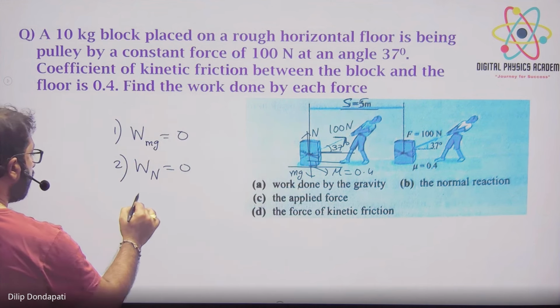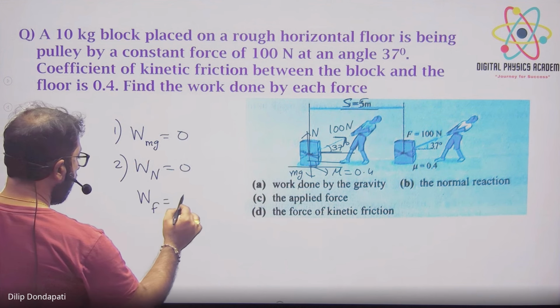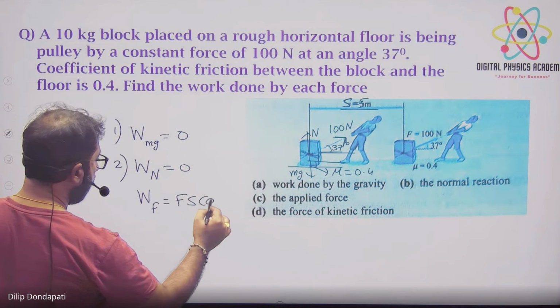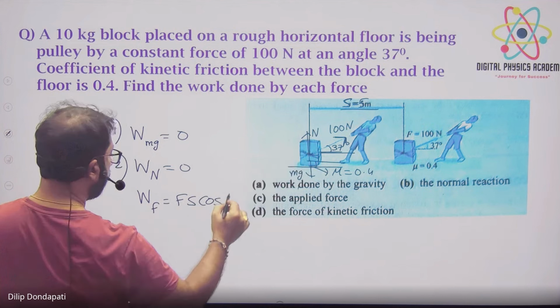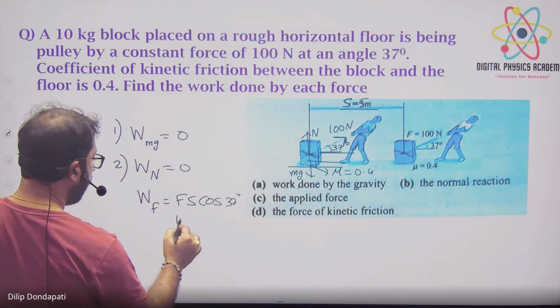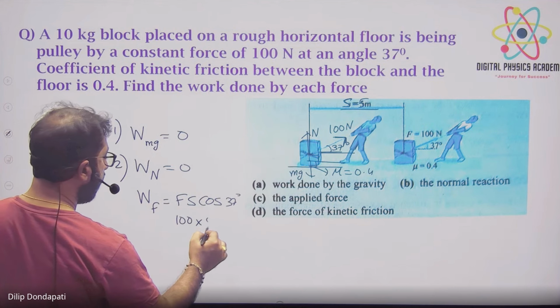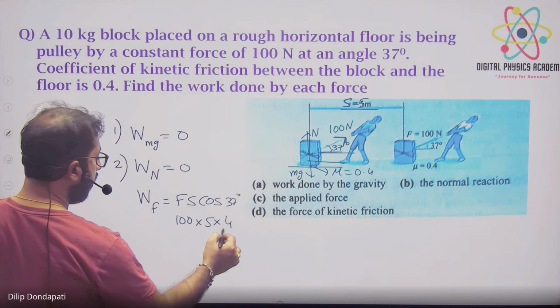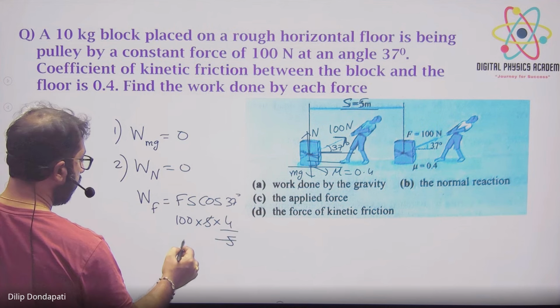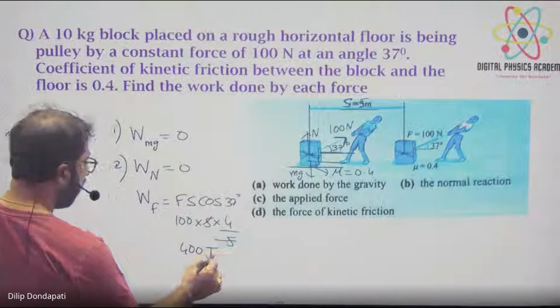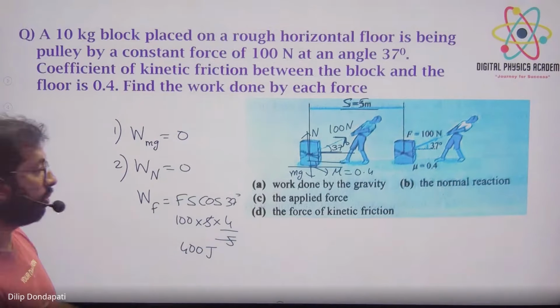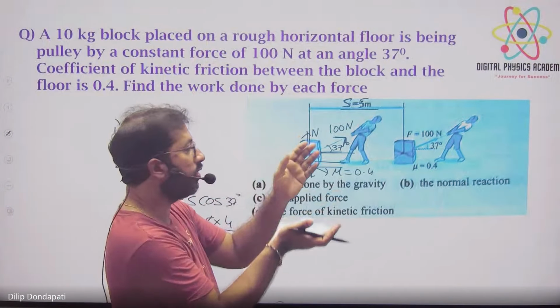So what is the work done by applied force? F S cos theta. Cos theta, angle is how much? 37 degrees. So 100 into displacement is 5 into cos 37 is 4 by 5, right? So 5 cancel, 400 joules. This much work done by the applied force, because force and displacement angle is directly given, 37.